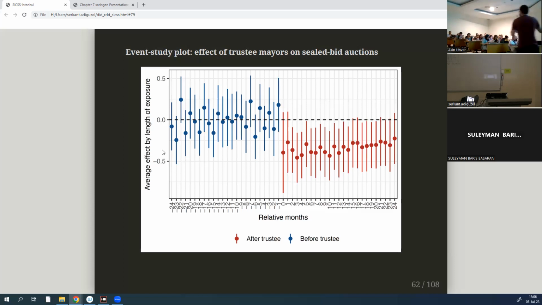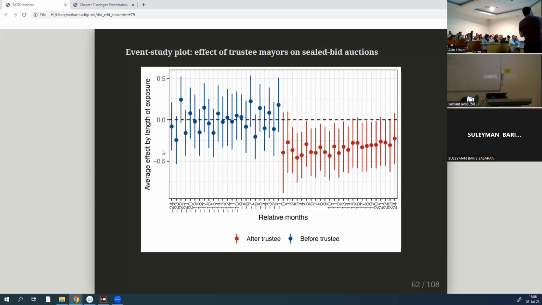Sealed auction is the one that is most transparent. What we see here, for instance, before trustees take over, these are essentially the differences between elected HDP mayors, Kurdish elected mayors, versus AKP mayors. And there's no difference between them in terms of sealed bid contracts.